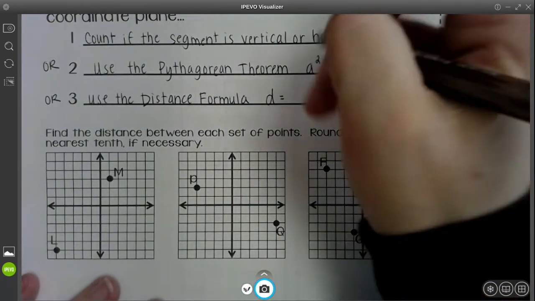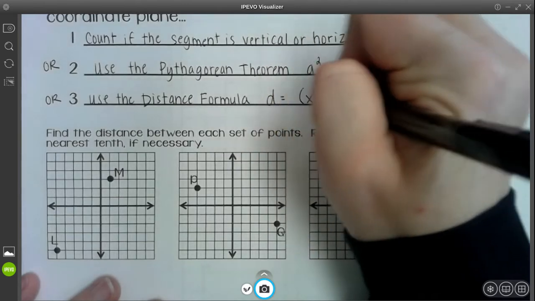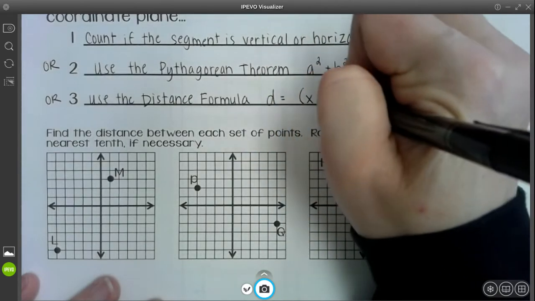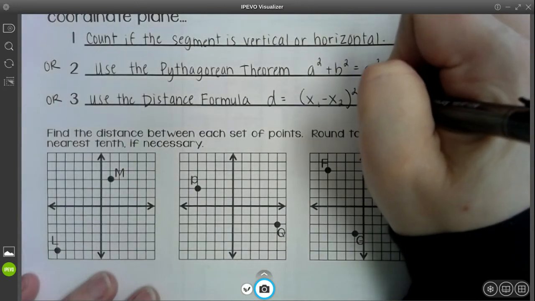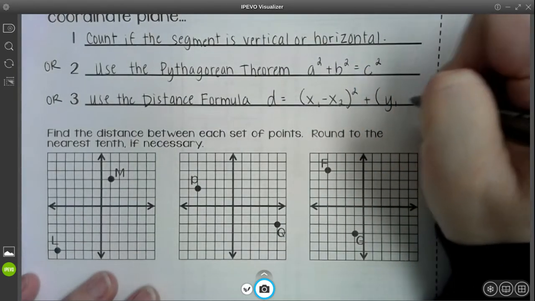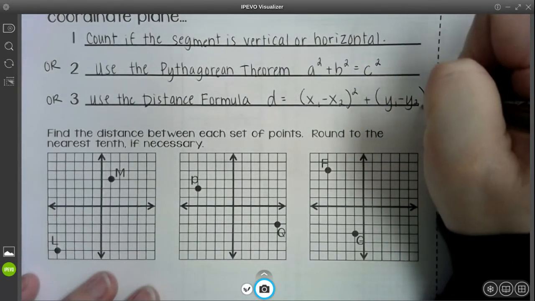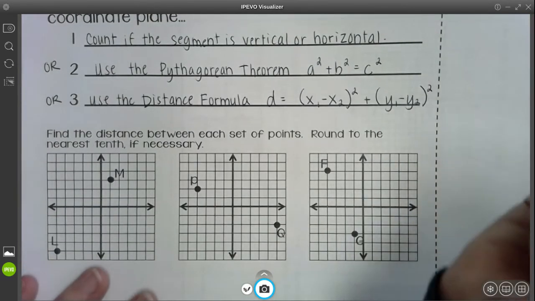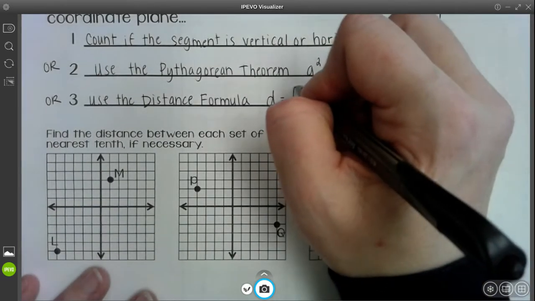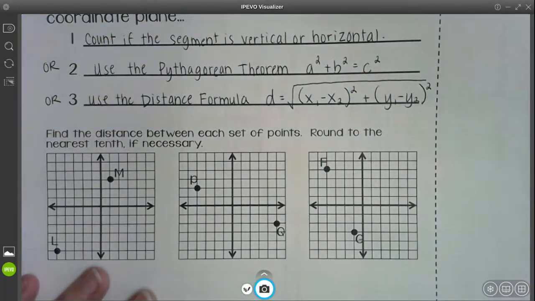So we are going to take the x coordinates and subtract them, and then we're going to square it. And then we're going to do the same thing with the y coordinates and add that on. And finally, if you guys remember in the Pythagorean theorem, the last step was always take the square root. We're going to do that.